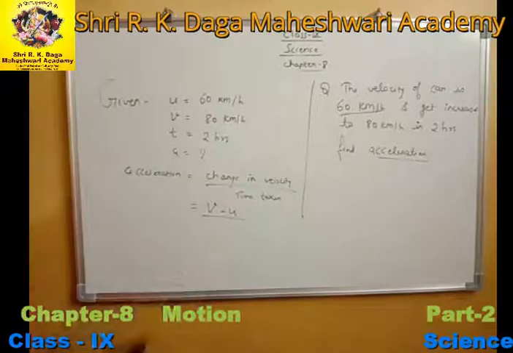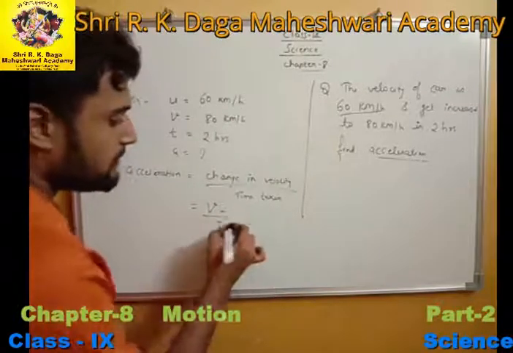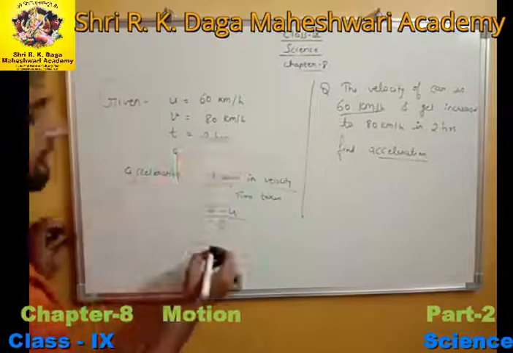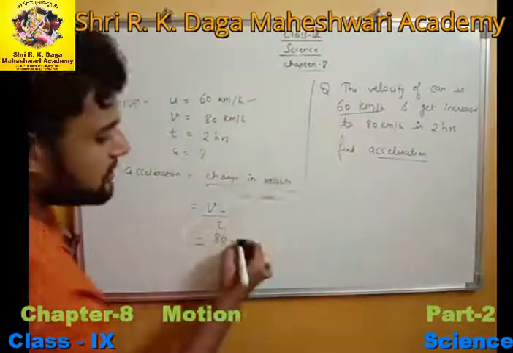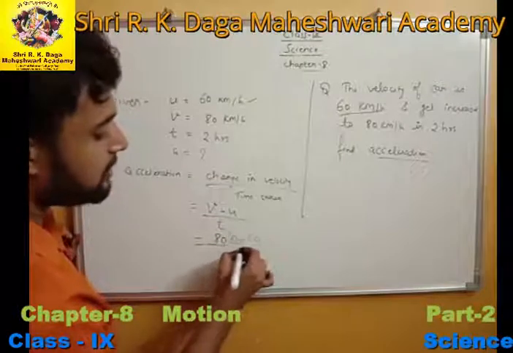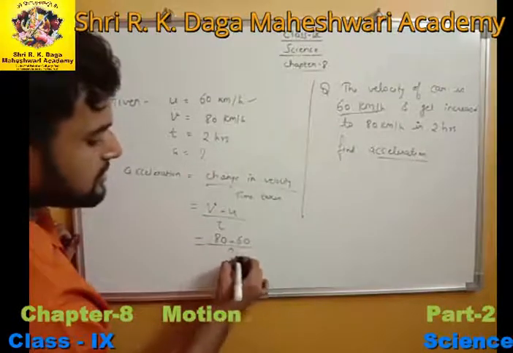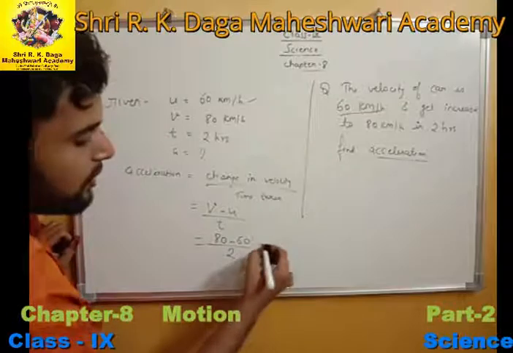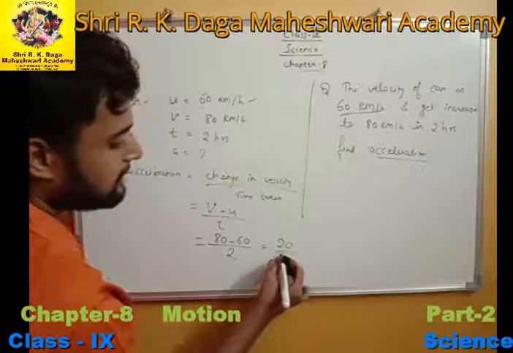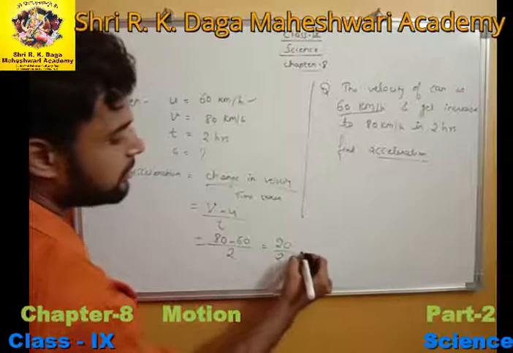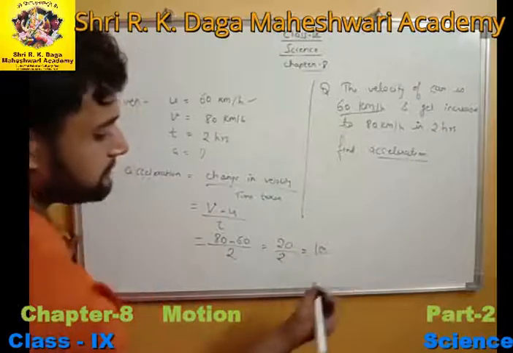So we can write v minus u upon time. What is the final velocity? It is 80 km per hour. What is the initial velocity? It is 60 km per hour. And the time taken to cause this change is 2 hours. Then what will it become? 80 minus 60 is 20, divided by 2, is equal to 10.